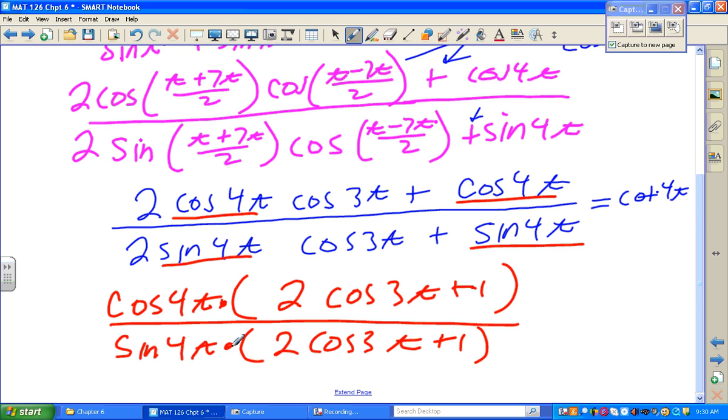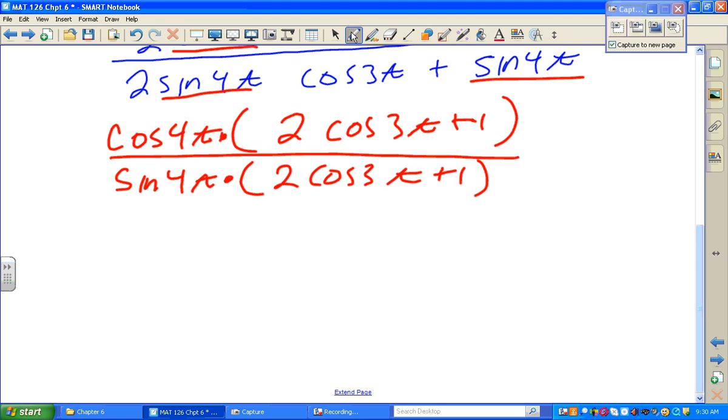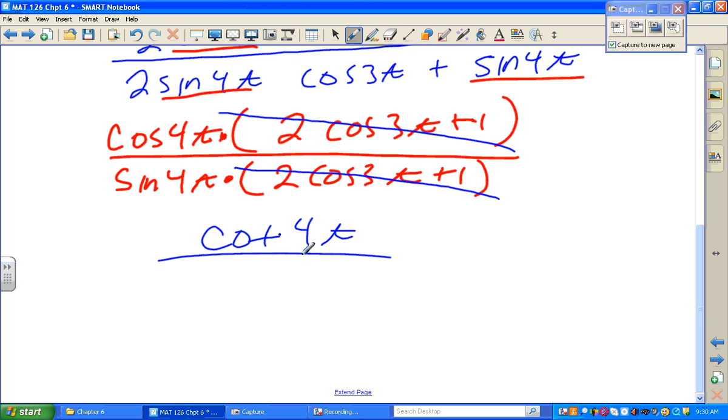Now they're multiplied. Okay? Now they're multiplied. So I can cross off this whole thing. Look at that. That's a thing of beauty. Cotangent of 4t equals cotangent of 4t. Problem solved.